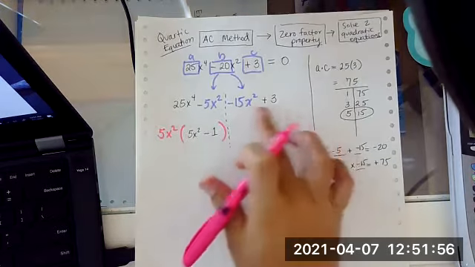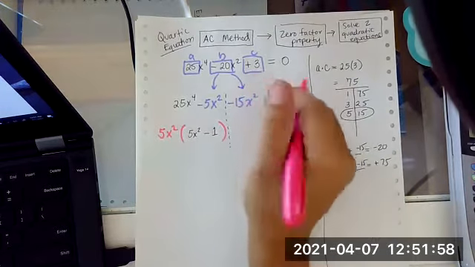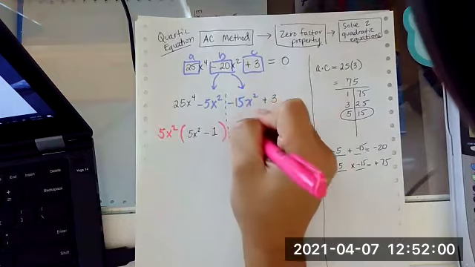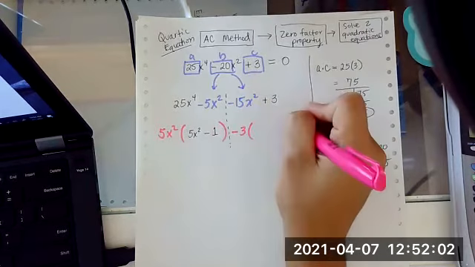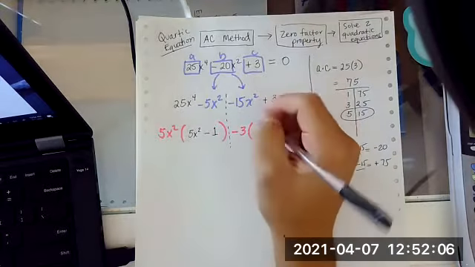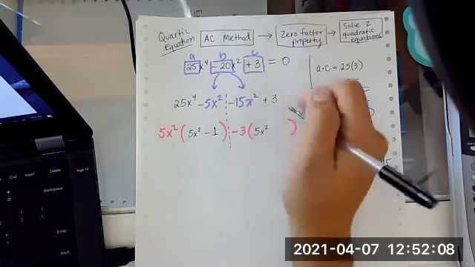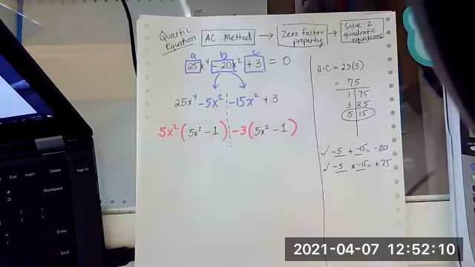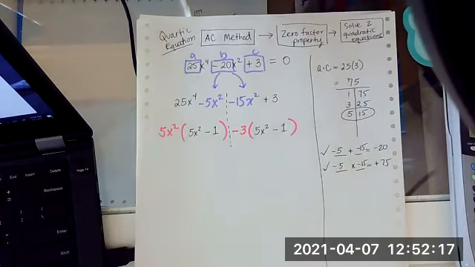Well, on the other side, these two terms have a 3 in common, so I'm going to factor out a negative 3. And that will leave us with a 5x squared minus 1 as well. Does anybody have any questions about that one?